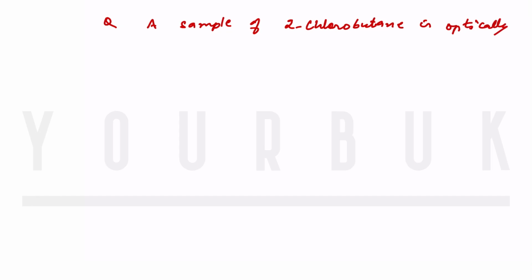Now one more question. Question is, a sample of 2-chlorobutane is optically inactive. Explain. First of all, we draw the structure of 2-chlorobutane. Now, if you look at the structure of 2-chlorobutane, it contains a chiral carbon.